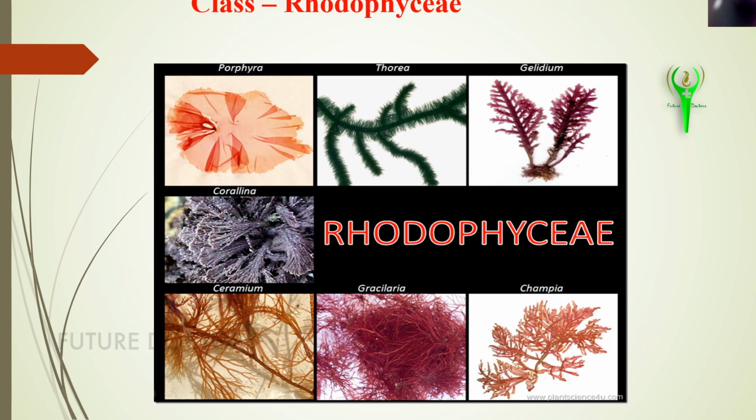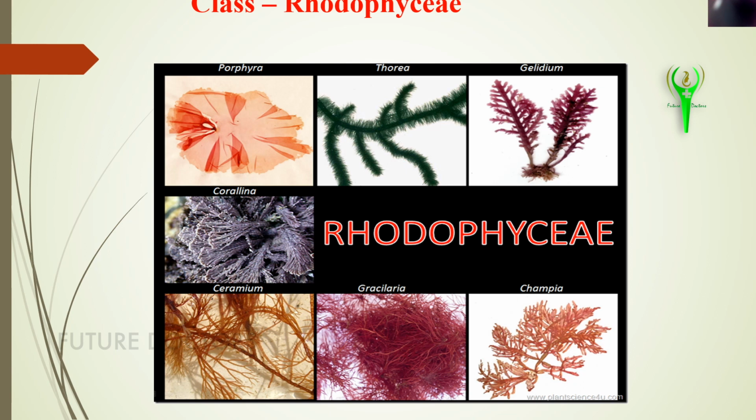And the next is class Rhodophyceae. These are commonly called red algae because of the predominance of the red pigment, that is, R-phycoerythrin, in their body. Most of the red algae are marine, with greater concentration found in the warmer areas.